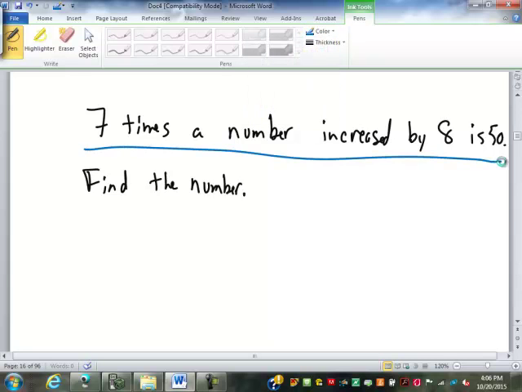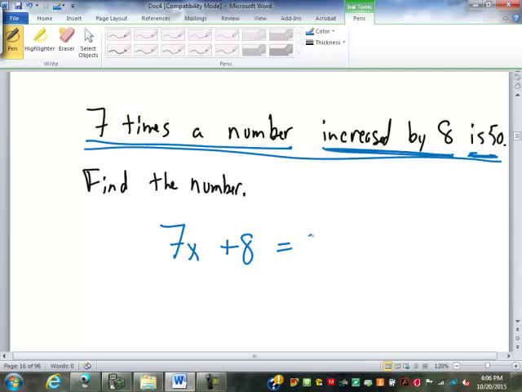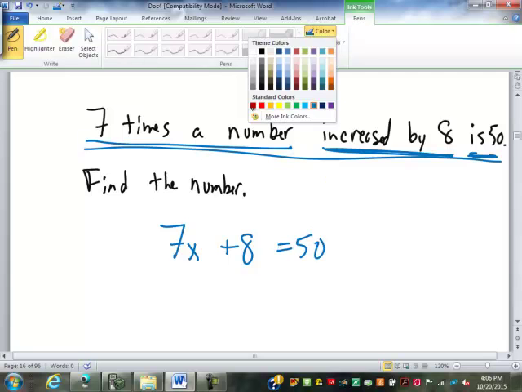So basically, this top line here is defining our equation. We're going to start out with 7 times a number, which is 7x, 7n, 7y, whatever letter you want to use for the variable. Increased by 8, plus 8, equals 50.